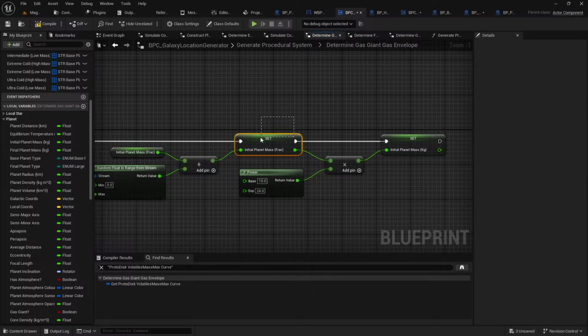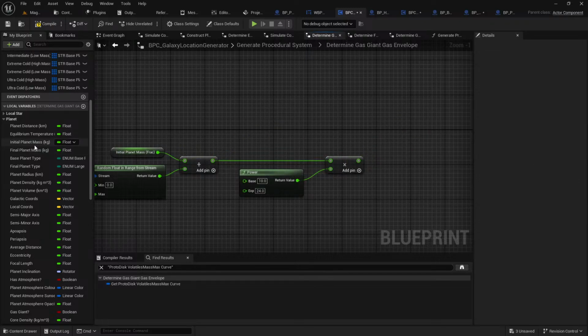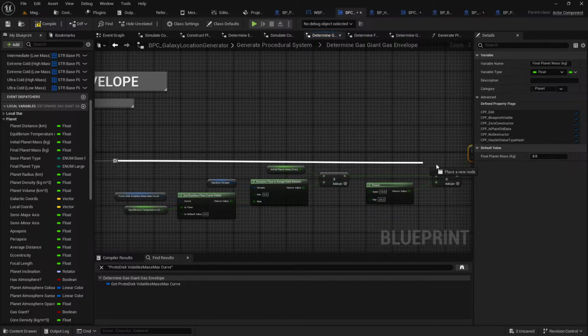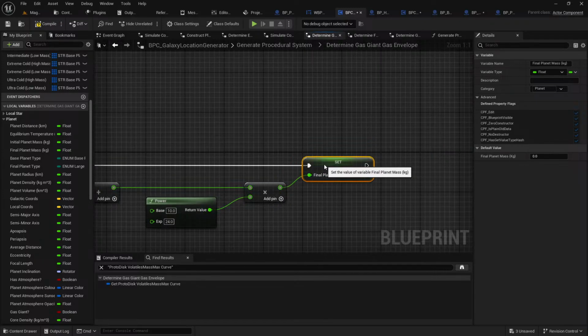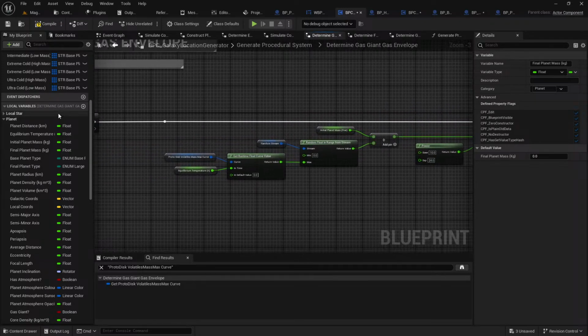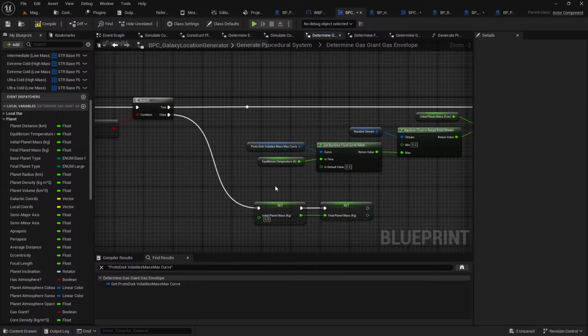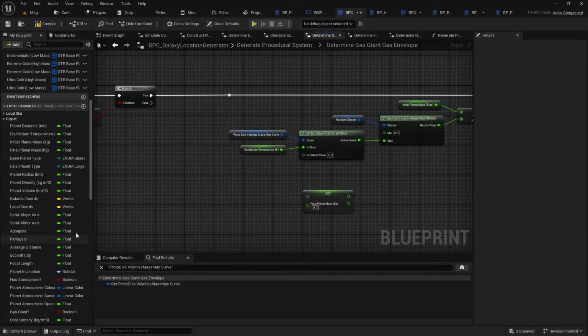Actually, at this point, this is kind of no longer the initial mass, this is actually the actual mass. So we don't need to worry about the initial value. And then if we're not a gas giant, then we can just go ahead and transfer that across to the other variable. No, I didn't want to do that.